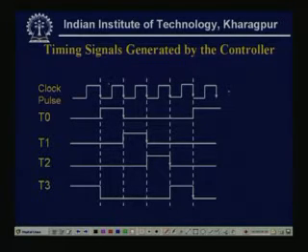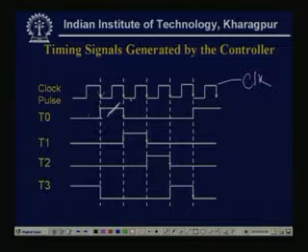Say this is my master clock pulse, and this T0 is a different clock. T0 becomes high at the trailing edge of the master clock pulse. After the first clock, at the trailing edge of the master clock, it becomes high, and it stays high up to the next trailing edge of the master clock pulse.